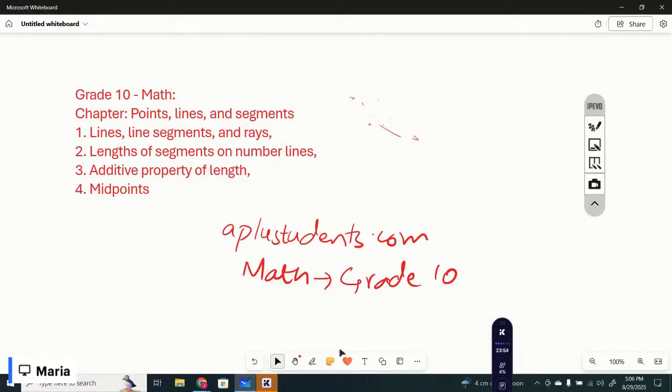Here I am on grade 10 math. Let's just start with the first lesson, that is lines.